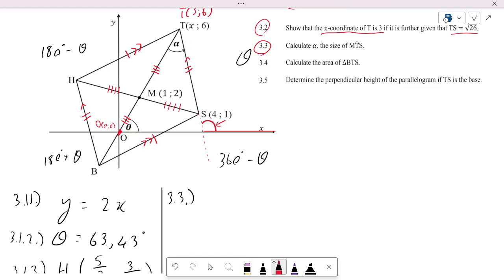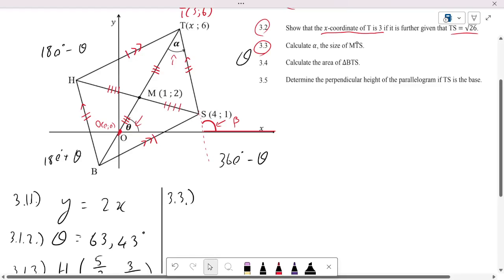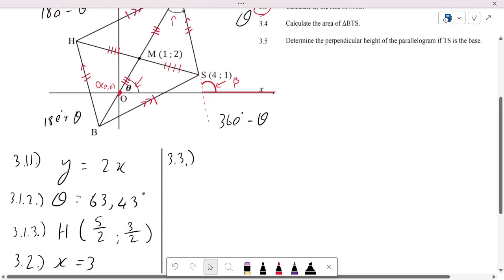Right? So now I'll show you the step-by-step process. So I want to name this angle. But we already have theta, we have alpha, and therefore we can use the angle beta. So let this angle be equal to beta. Right? You would just do that on your question paper or your worksheet.